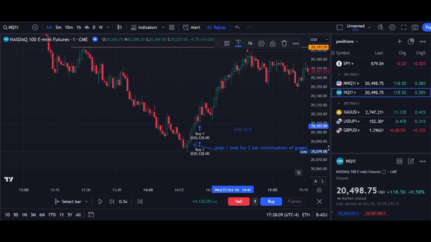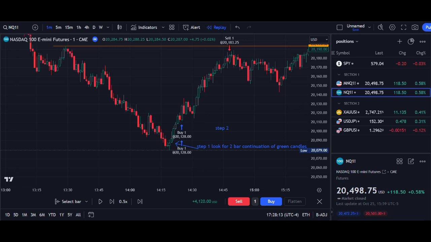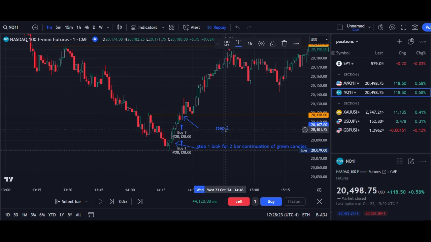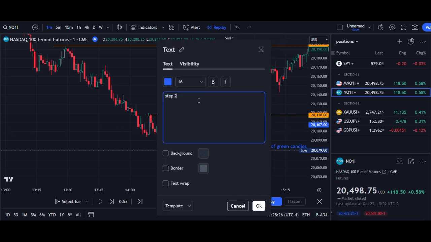Step 2, on a break of resistance right there on that candle. So step 2, break of minor resistance.